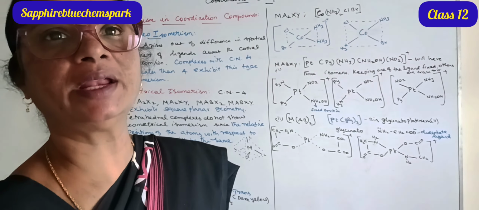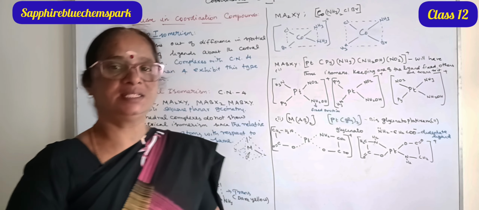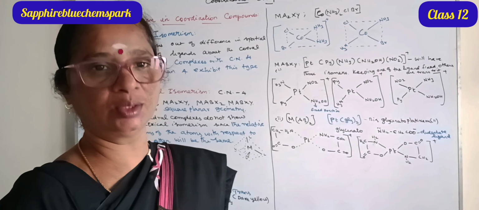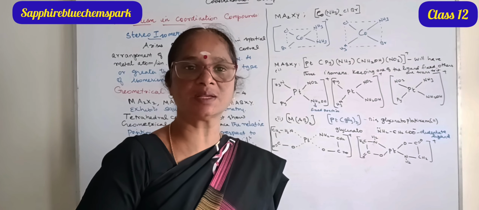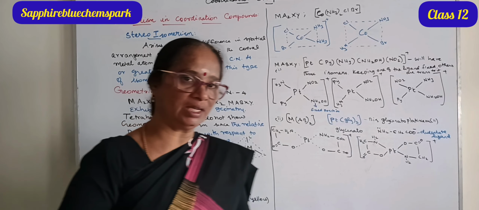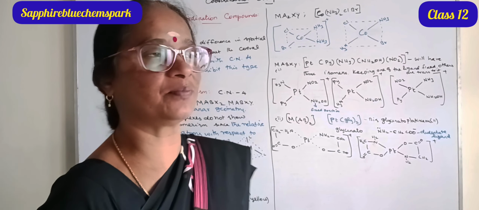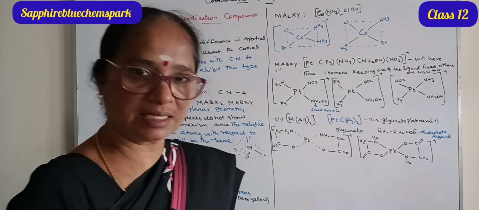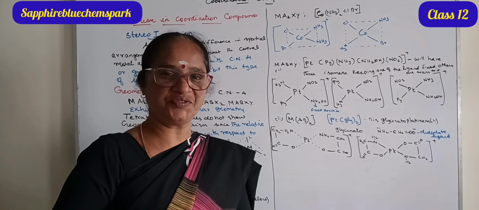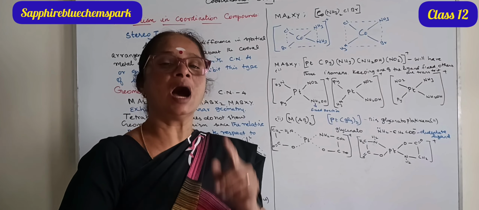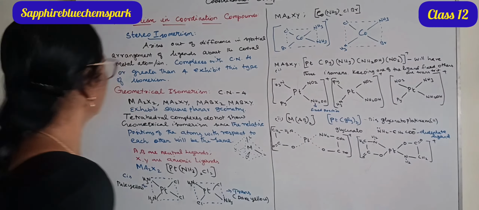Stereoisomerism in coordination compounds. Stereoisomerism is further broadly classified into two types of isomerism. One is geometrical isomerism, the other one is optical isomerism. This geometrical and optical isomerism arises out of the difference in spatial arrangements of the ligands about the central metal ion.